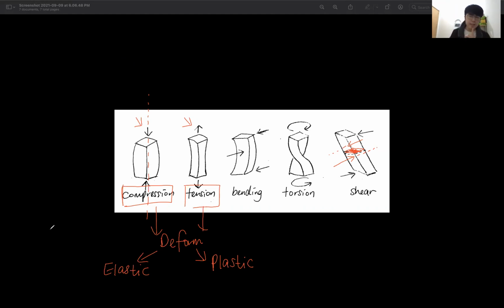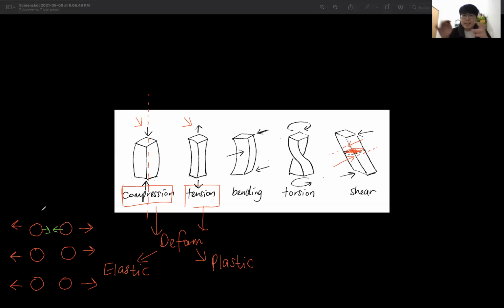Okay, if you look at the structure of the molecules like this, these are the molecules. I'm stretching them apart like this. These are the forces applied. I'm stretching them apart, and the molecules try to resist by pulling back.